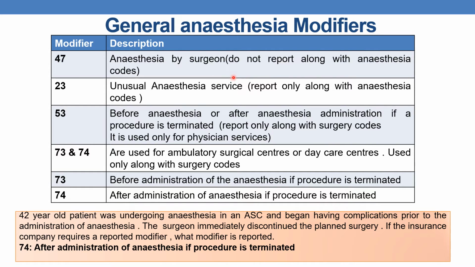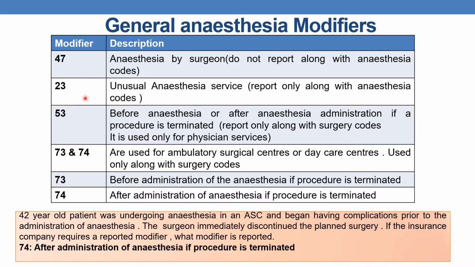And this modifier should not be reported along with anesthesia codes, because in general the anesthesia is usually administered by an anesthesiologist or certified registered nurse anesthetist, CRNA. So only when anesthesia is administered by the surgeon you must additionally provide the 47 modifier.